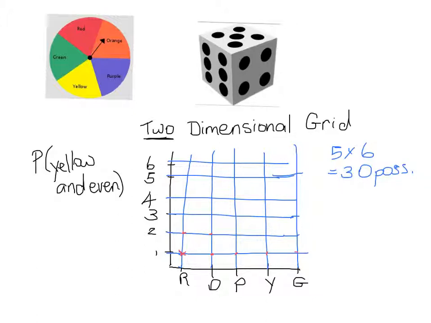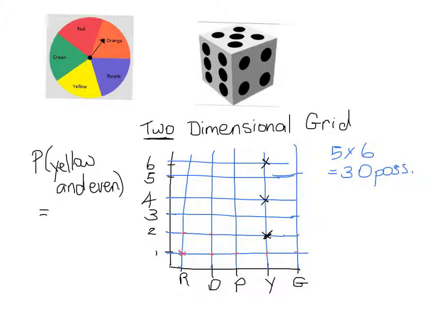Let's use a black to mark everywhere that it is yellow and even. So yellow and even would be yellow and 2, yellow and 4, and yellow and 6. There are 3 places where we have yellow and even.